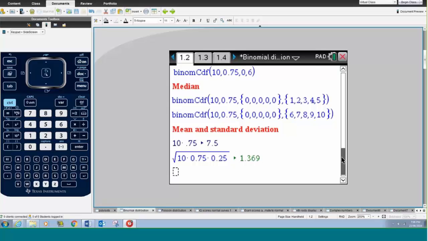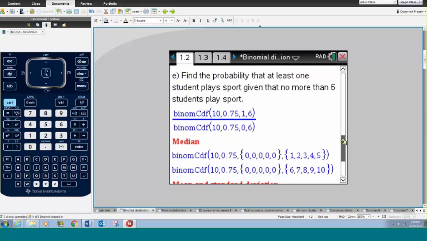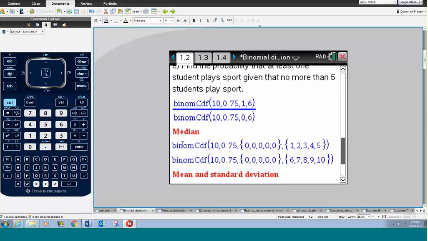Now, to find the median, there are various options. We could use binomial CDF with list notation, which will give me the values from 0 to 1, 2, 3, 4, 5, and so on. That's one way of doing it.